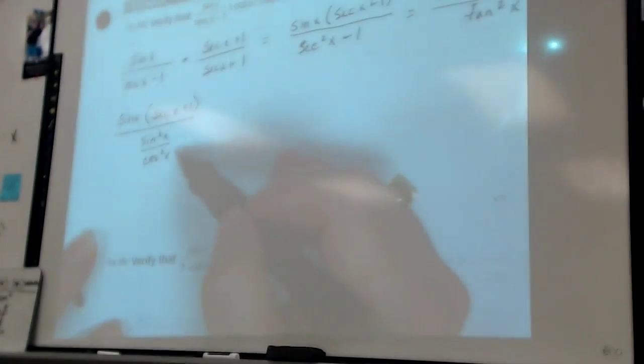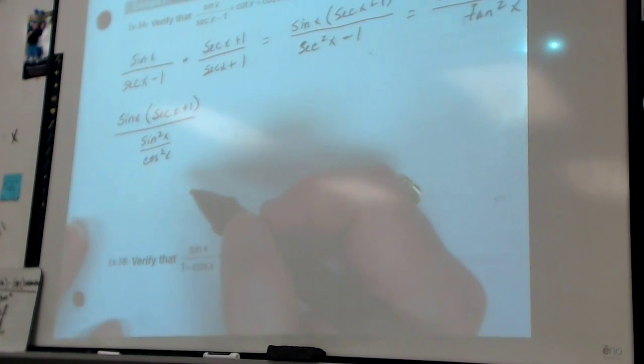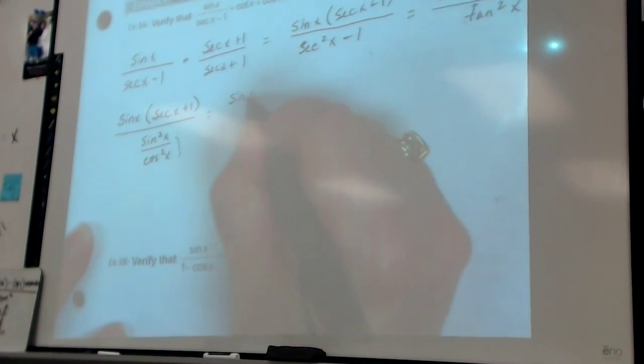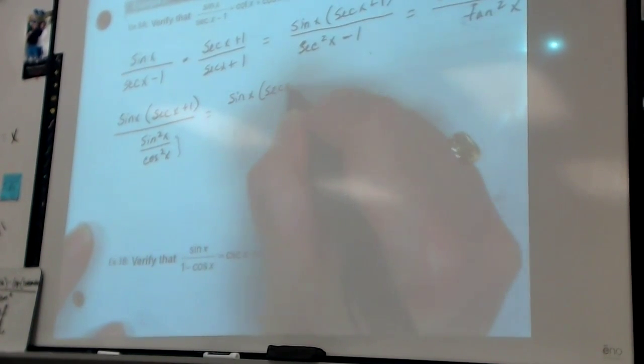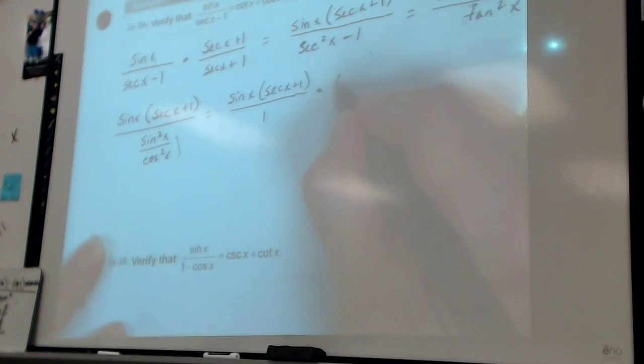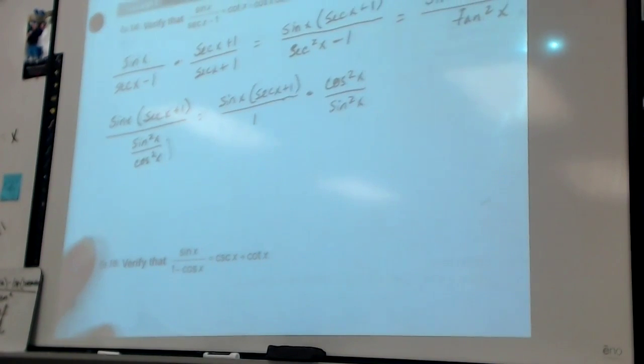So now I have a fraction, so I can basically divide fractions. So when I divide fractions, I'm going to flip this one and multiply. So I have sine x times secant x plus 1 over 1 times cosine squared x over sine squared x. Okay, do you see what I just did?